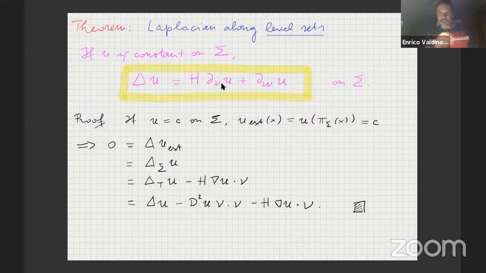Her course is really devoted to this topic, so it's much more advanced. But I think this formula is maybe the first ingredient towards understanding this beautiful, very rich and very difficult topic.